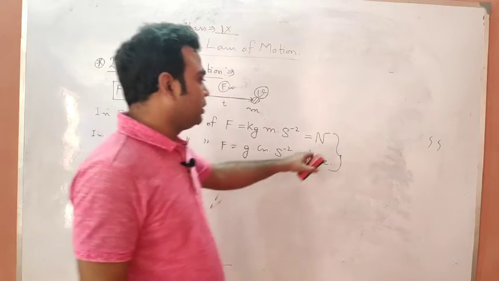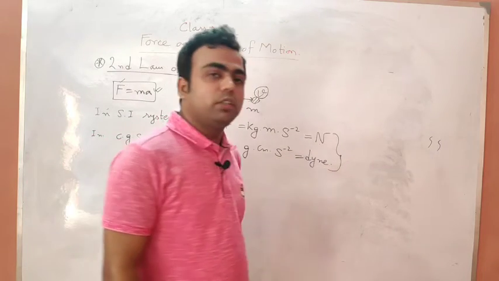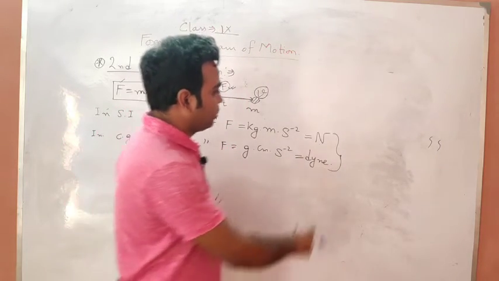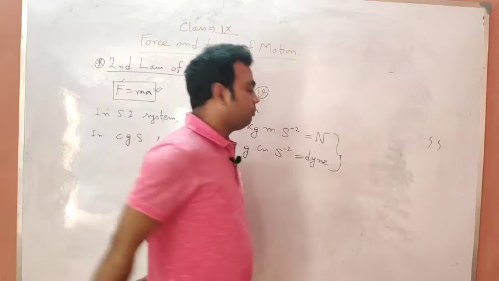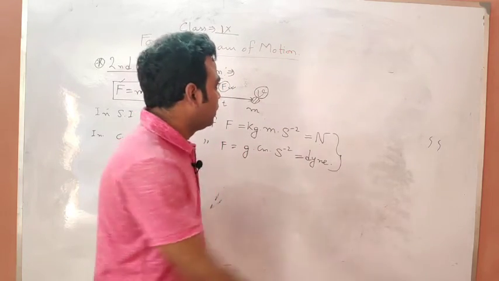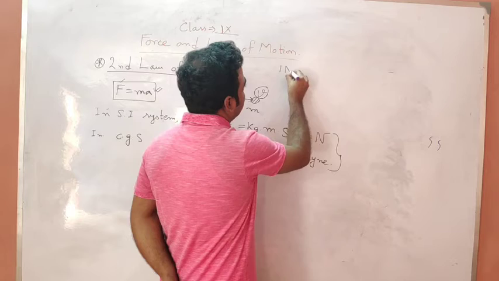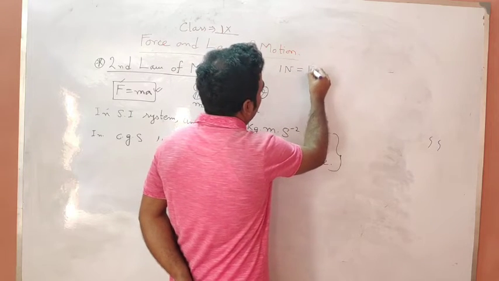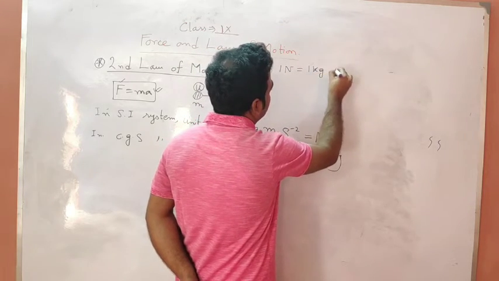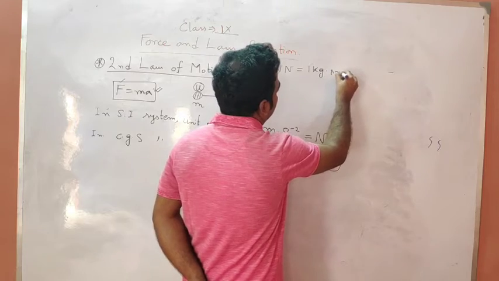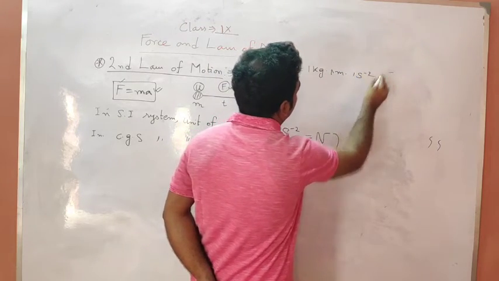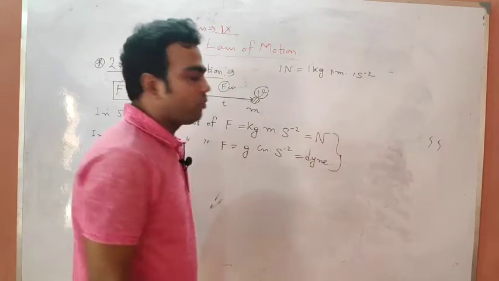Now what will be the relation between Newton and dyne? This is a very important question, to find the relation between Newton and dyne. So we get that 1 Newton equals 1 kg into 1 meter into 1 second to the power minus 2.